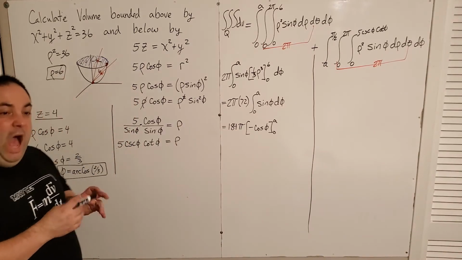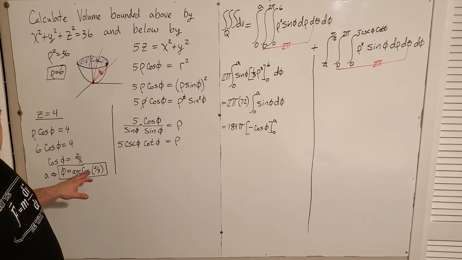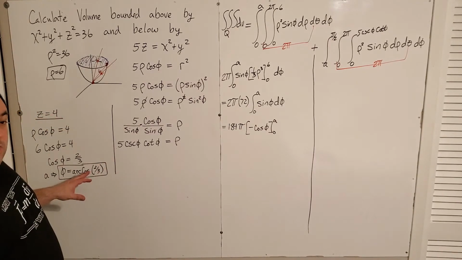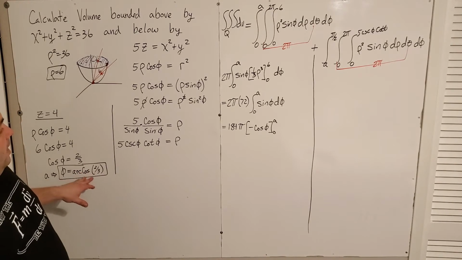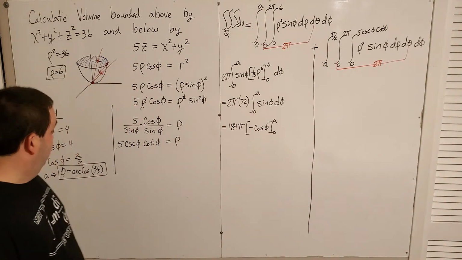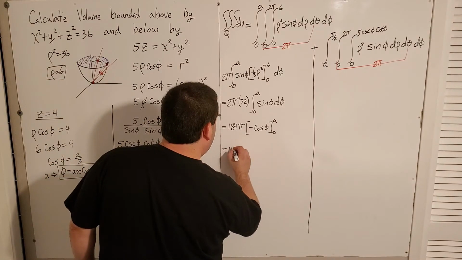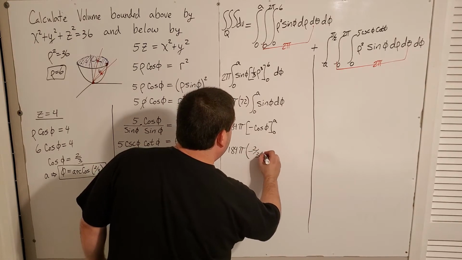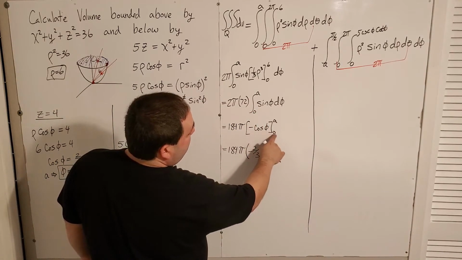Now think about this. I'm within the normal boundaries of the well-defined arc cosine. I'm not in one of the crazy quadrants. I'm just in quadrant 1 between 0 and pi over 2, right? That angle is somewhere between 0 and pi over 2. And then I'm plugging it back into his own opposite. What am I going to get? I'm going to get 2/3 back again. So I've got 144 pi times negative 2/3 plus, now because of the double negative, right, minus negative, cosine of 0 is 1.